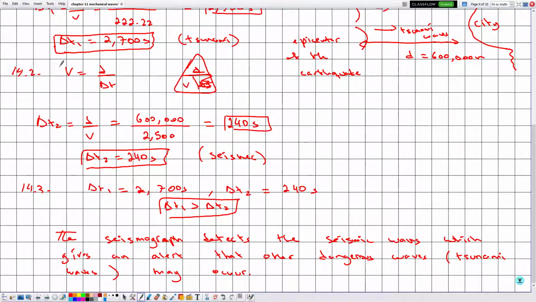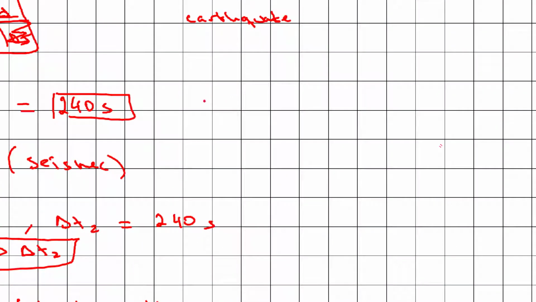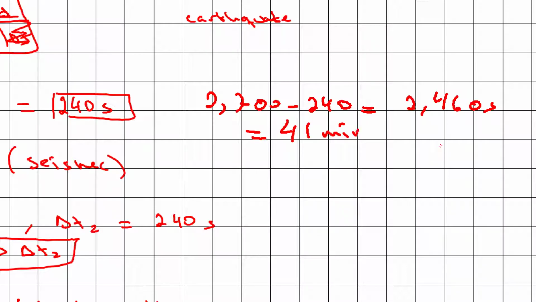And why so? Now if you consider the difference between both intervals, then 2700 minus 240, this is equal to 2460 seconds. If you want to convert them to minutes, then it's almost 41 minutes.